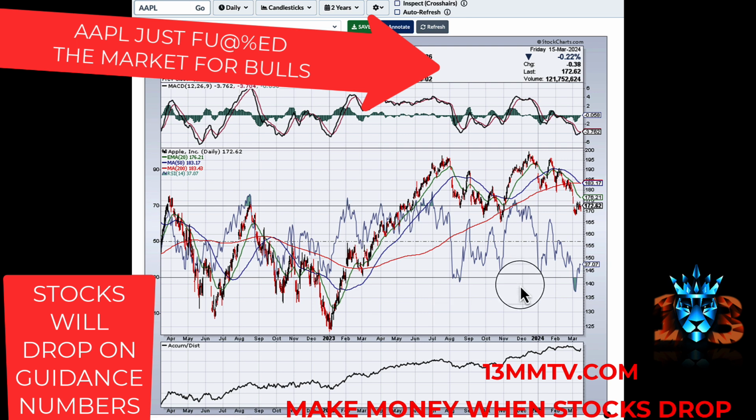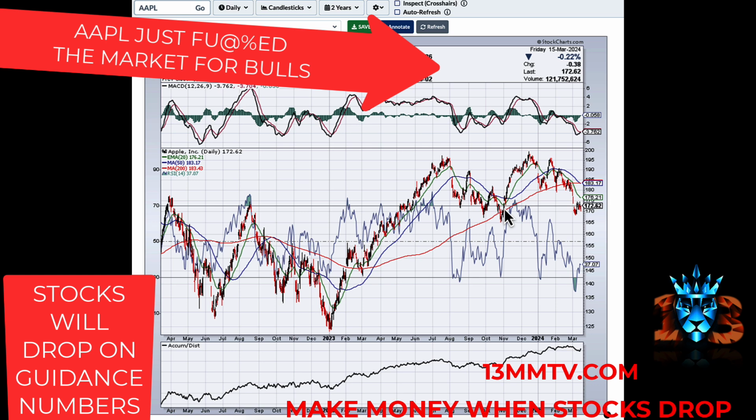Apple by itself is an index, okay? And now we just found out that Apple by itself is an index of lies, just like everything else, just like they manipulate the job reports, the retail sales numbers, all of that. So the problem with this is that Apple is withholding information.